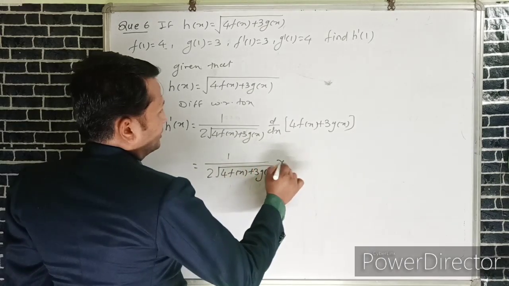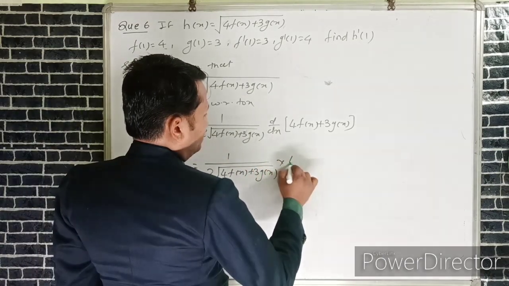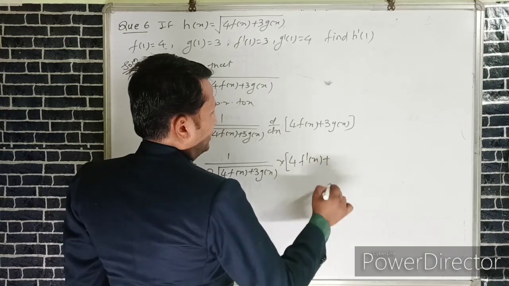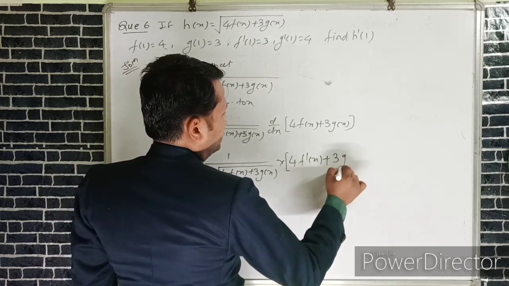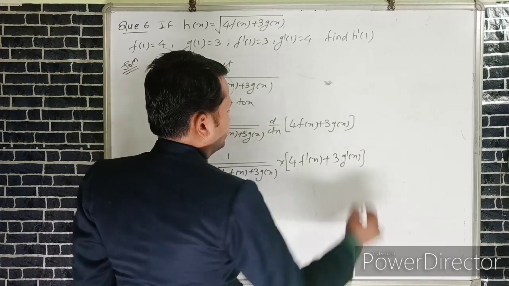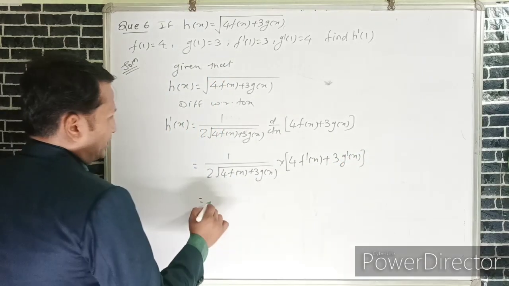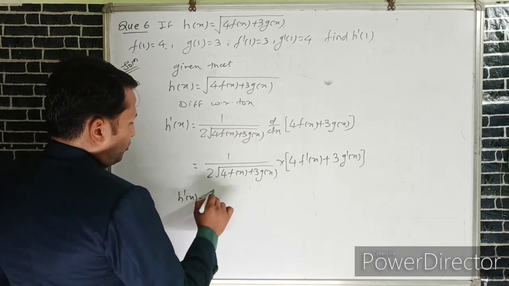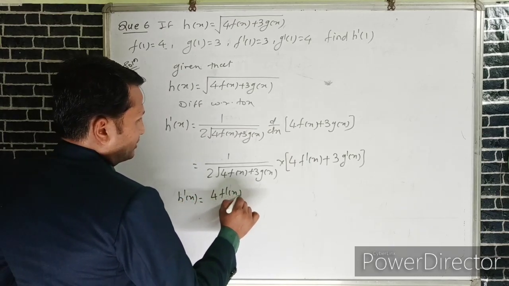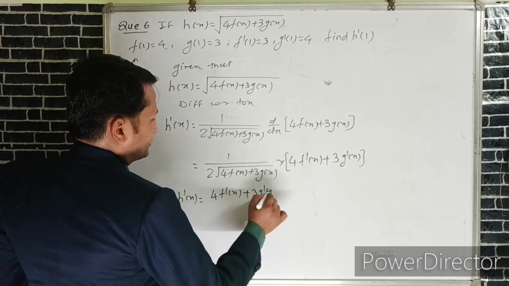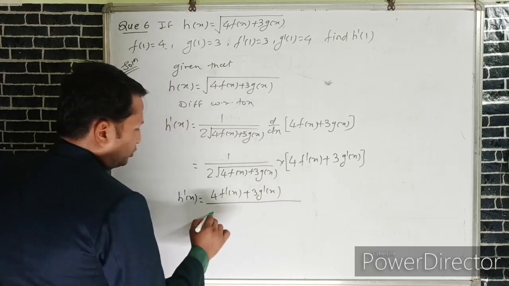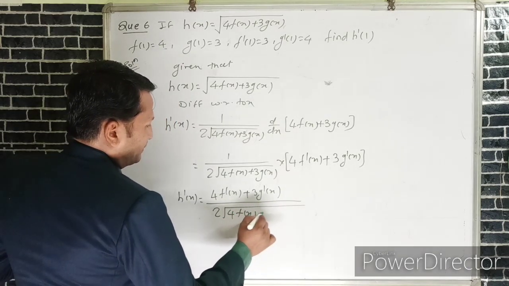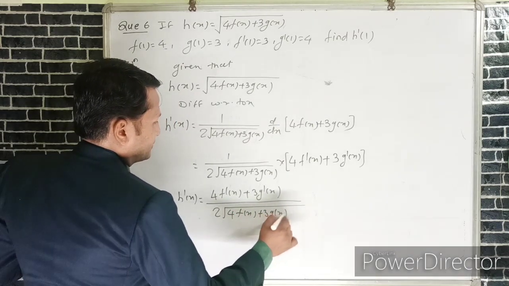We know that 4 is a constant and the derivative of f(x) is f'(x), plus 3 is a constant and the derivative of g(x) is g'(x). Hence we can write h'(x) is equal to 4f'(x) plus 3g'(x) upon 2 times the square root of 4f(x) plus 3g(x).